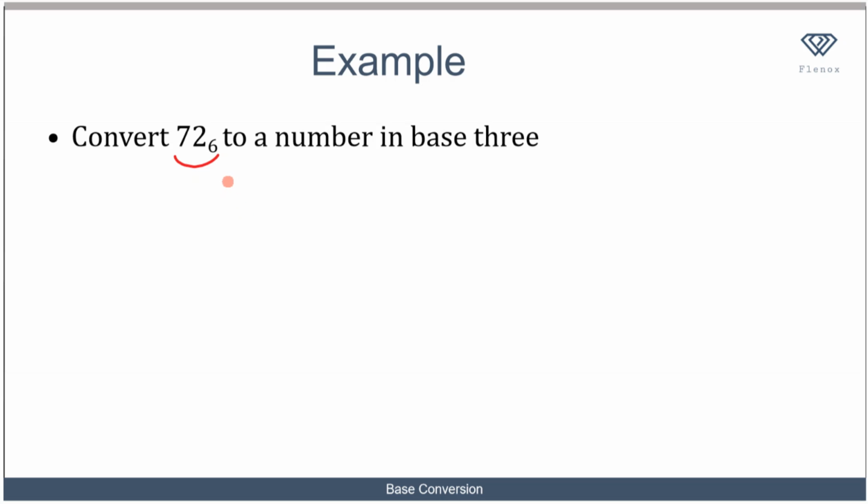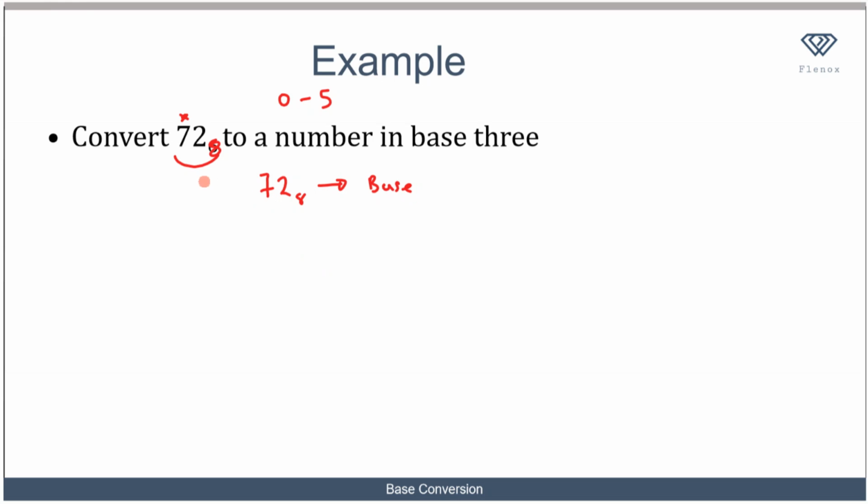Now if you have figured it out correctly, you will realize that there shouldn't be a 7 here, because when dealing with base 6, numbers can only range between what? 0 to 5. So you cannot have a 7. So this question is actually a mistake. What is meant to be here is base 8. So how do I convert 72 in base 8 to base 3?